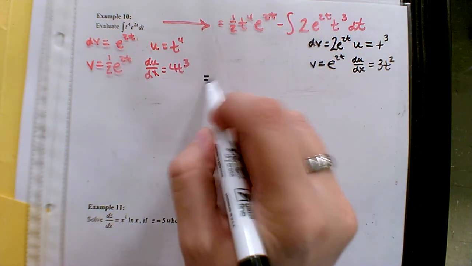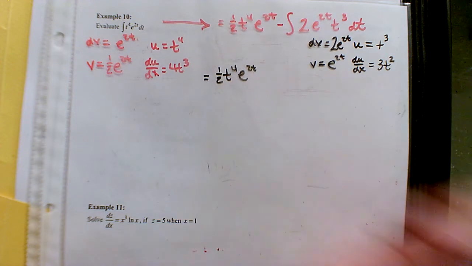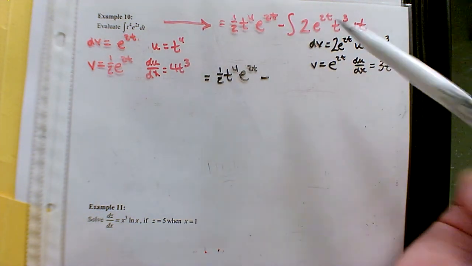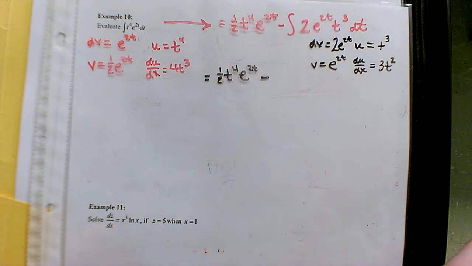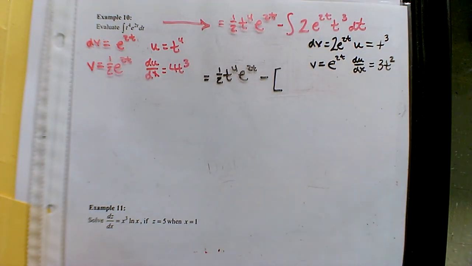All right, so if we fill in what we have 1/2 t to the 4th e to the 2t, the original u and v, minus this new integral that we are using by parts for. So we're going to have to use a bracket to group everything based off of our formula.